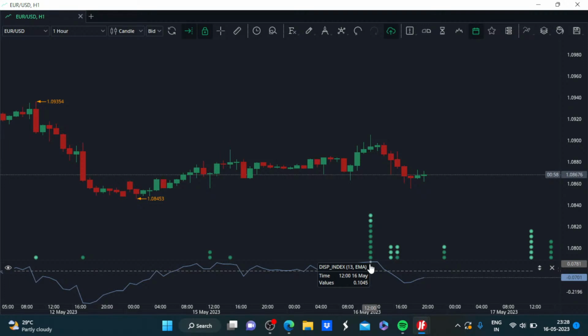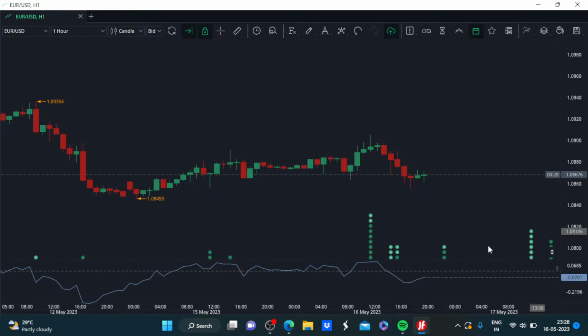So the price move was not significantly away from the average price. Then it declined, and we saw the disparity again entering negative territory, with the closing value dipping below the average price and moving further away towards minus 0.13.